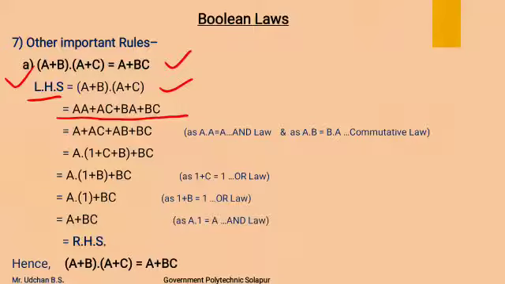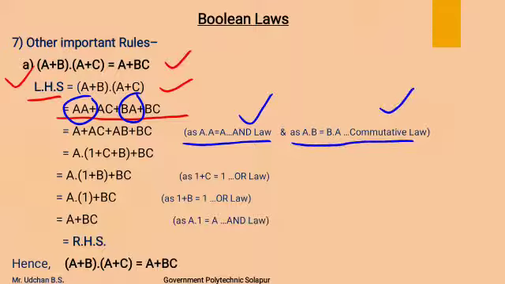Now this A into A will give you A as per AND law, and this B into A can be written as A into B as per commutative law. So this equation is rewritten as A plus AC plus AB plus BC.